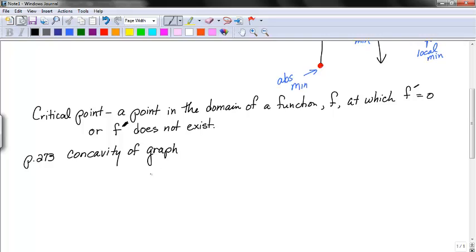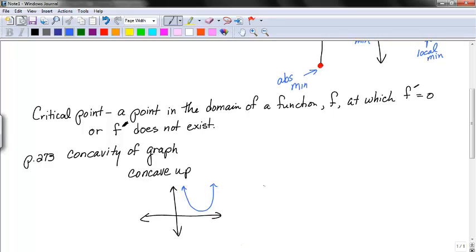And we talk about a graph being concave up or concave down. This is what concave up looks like. If you have a graph that looks like this, it is considered concave up.